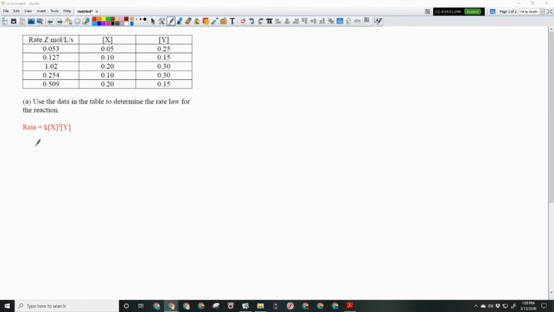What you can do is choose any one of the trials in the data table. They're labeled 1, 2, 3, 4, 5. We're going to choose any one of those, and the equation we're going to solve is the rate constant is equal to the rate over the concentration of x squared and the concentration of y to the first, because we've already calculated that it's second order with respect to x and first order with respect to y.